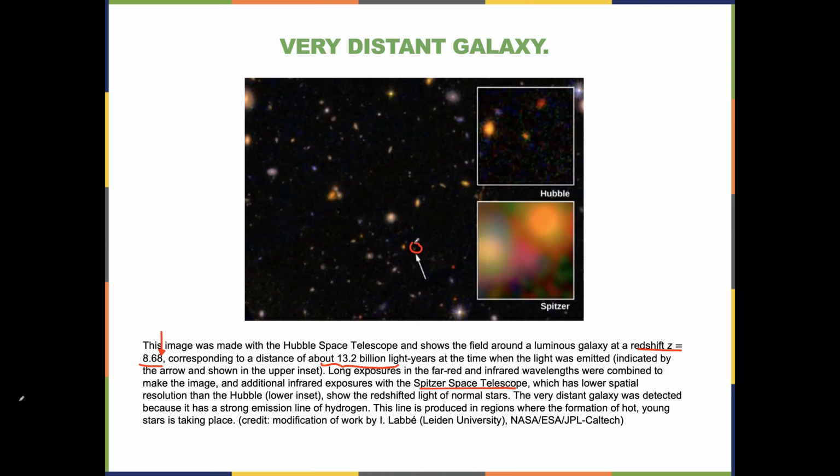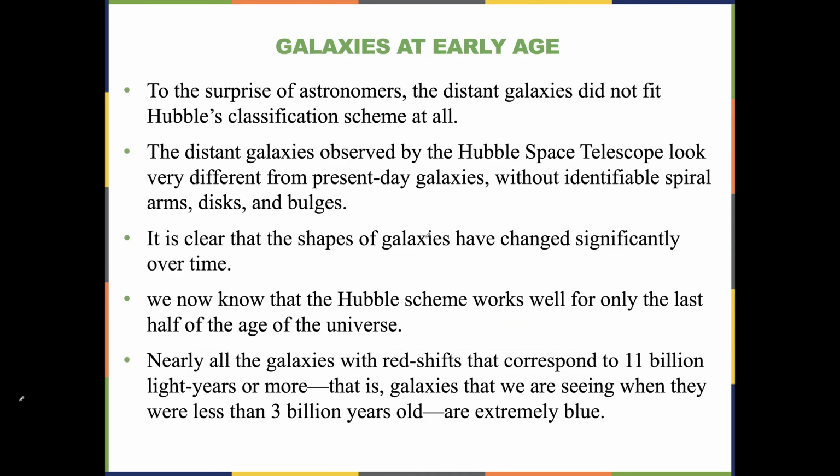Now, when you look at galaxies that are so far away, around 13 billion light years away, the things that we have discussed up to now may not work in the same way. These galaxies don't actually fit into the Hubble classification scheme at all.